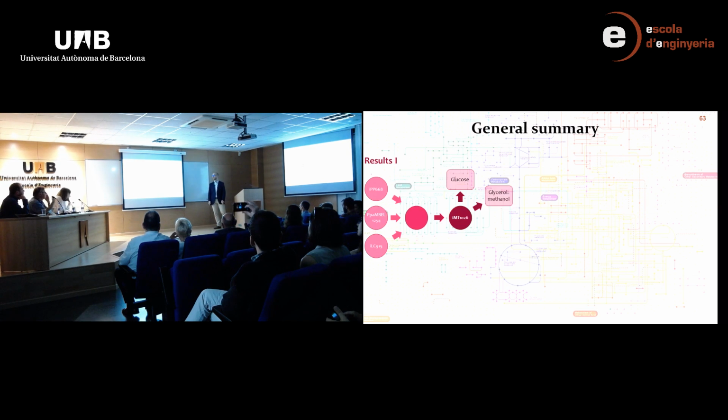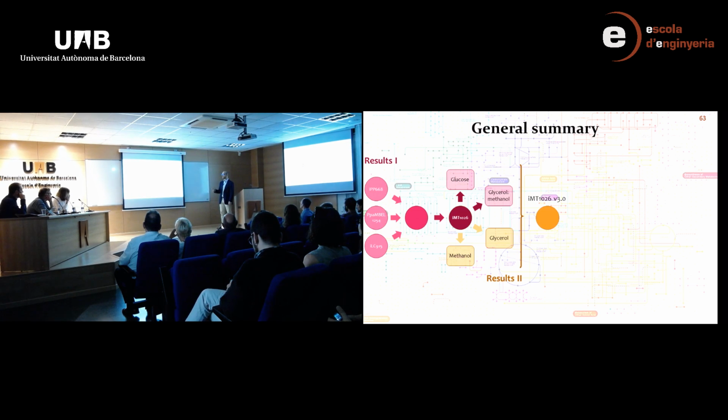So finally, as a general summary, we merged the pre-existing models into a single one that we extended especially for Pichia-specific metabolic pathways, and then formulated a new biomass equation. In addition, in the second chapter of the results, we showed how we extended this model by incorporating new biomass equations representing growth on glycerol and on methanol, releasing a new version of the model.